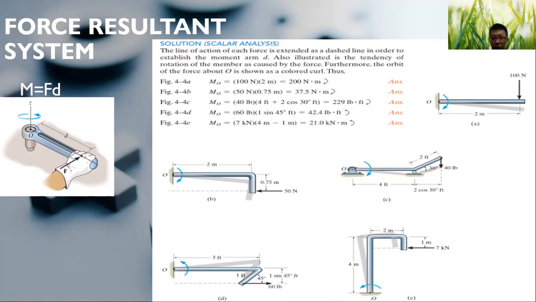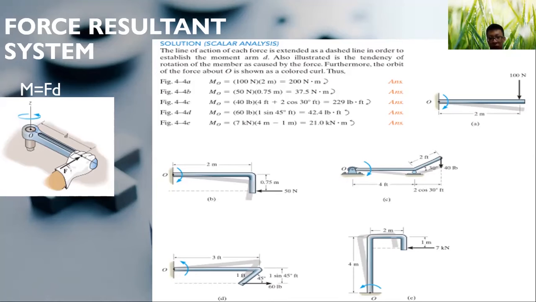And the same thing for B, and C is a bit special. We need to find out the horizontal force. So it will be 2 feet sine 30 plus 4. And D is also a bit special. Since we see that it's 60 pound exerted to the right direction, we can't use the 3 feet.